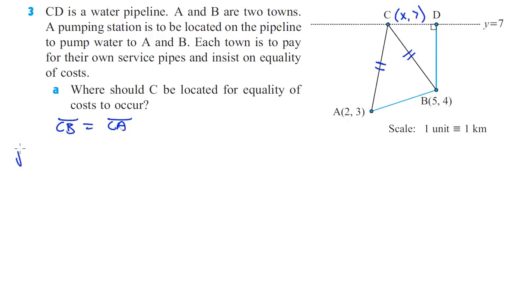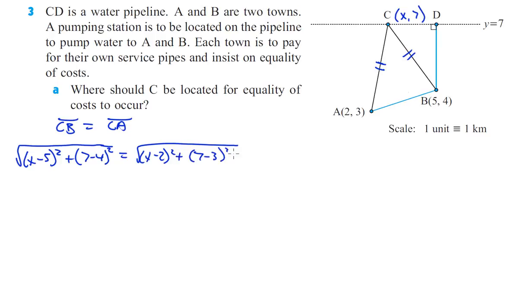Okay, so let's do C to B. So let's go x minus 5 squared and then 7 minus 4 squared. That's going to be what CB is. And then CA, let's go x minus 2 and then add 7 minus 3 squared.